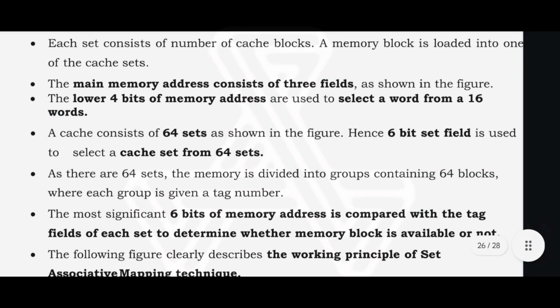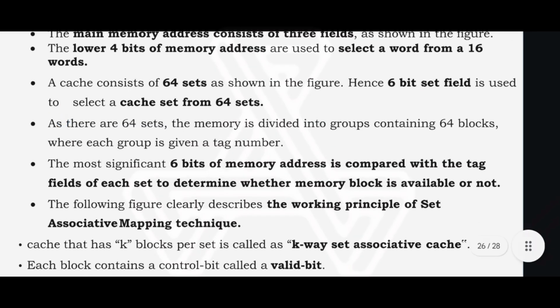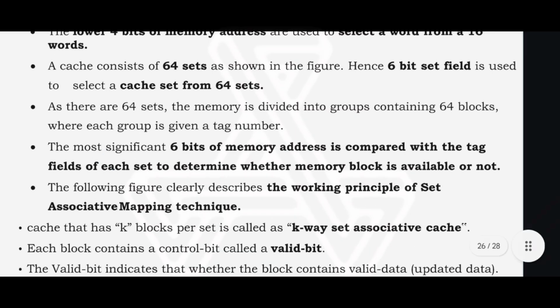The cache consists of 64 sets as shown in the figure, and a 6-bit field is used to select a cache set from 64 sets. As there are 64 sets, the memory is divided into groups containing 64 blocks, where each group is given a tag number.